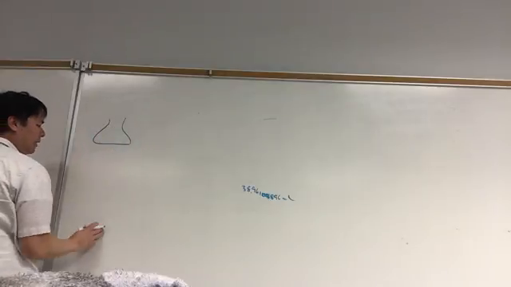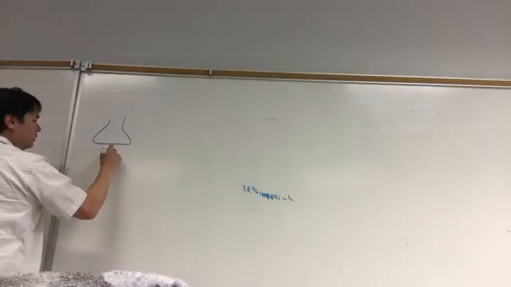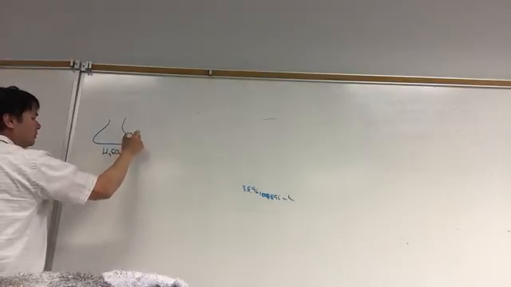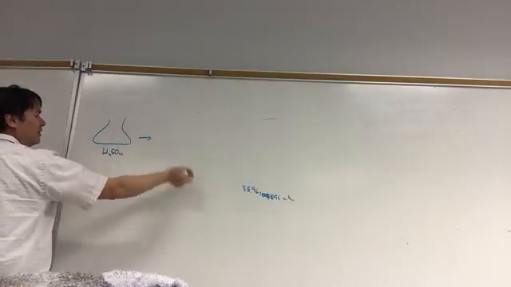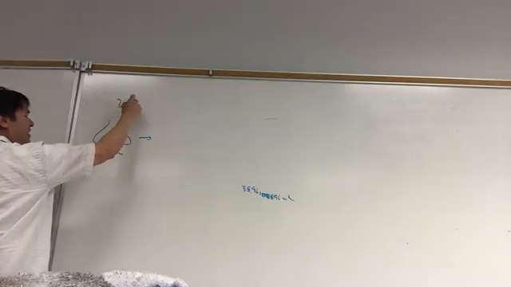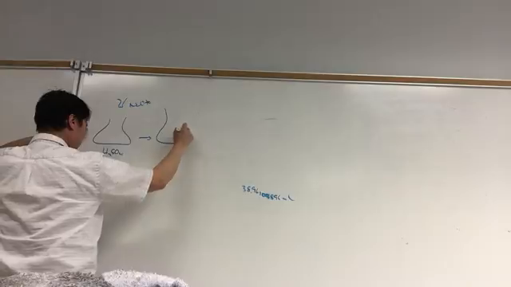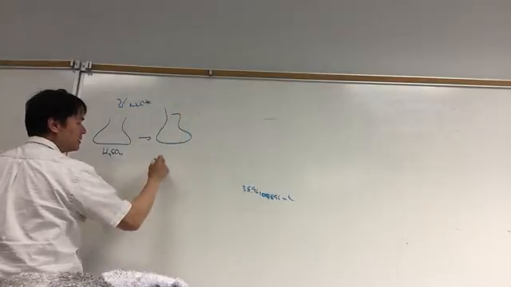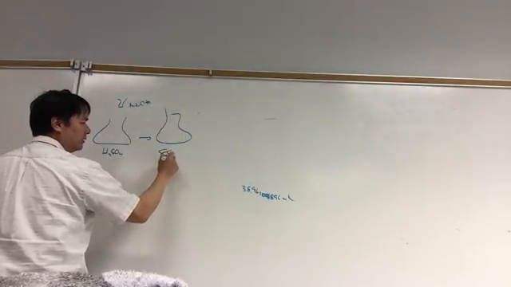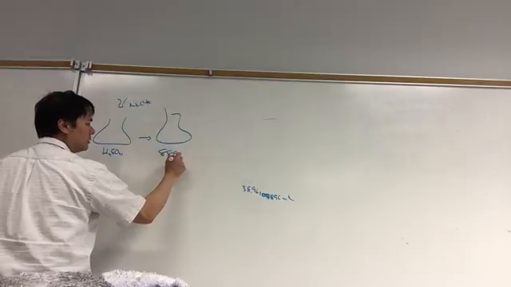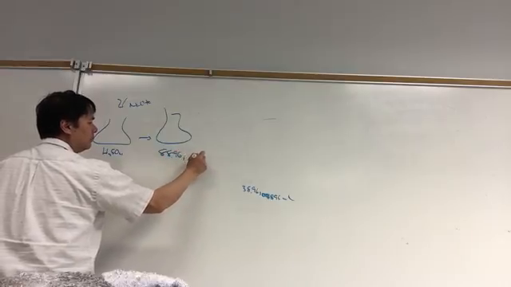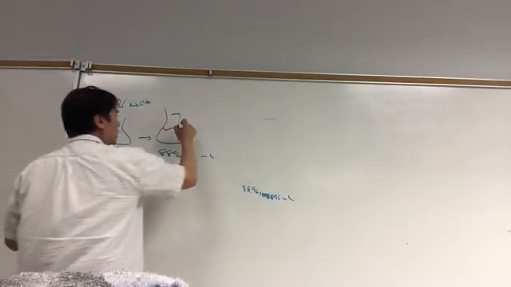So I have my H2SO4, 50 milliliters, and then I'm going to add that much NaOH. The final volume here is going to be 50 plus that, which is 88.961 milliliters.